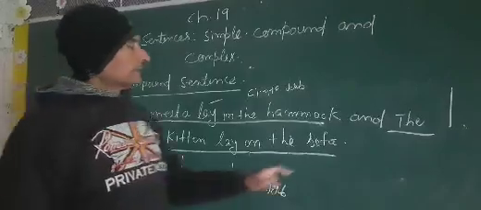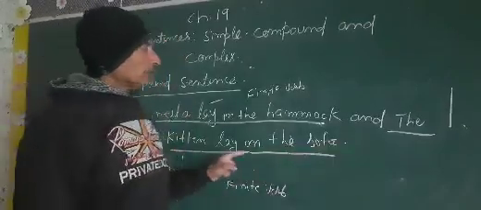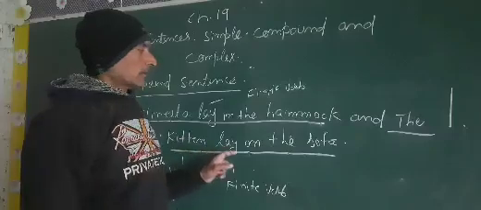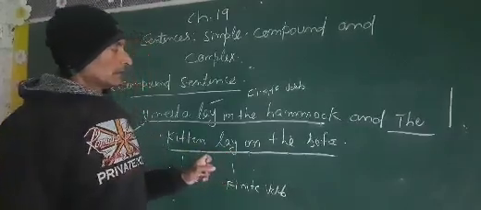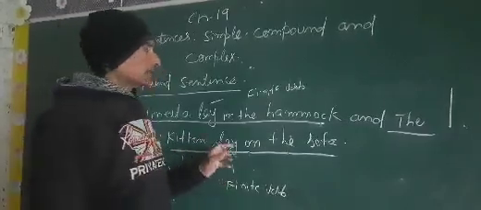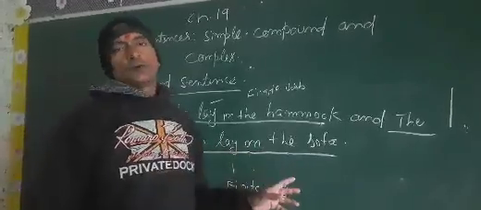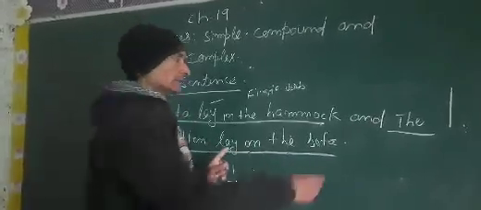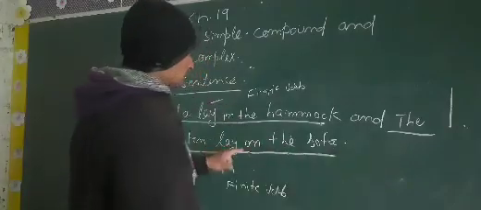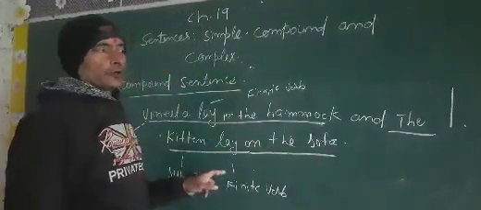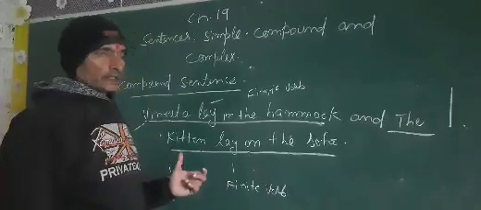Next is the kitten lay on the sofa. So this clause is also independent. This clause also does not need any help from other clause.